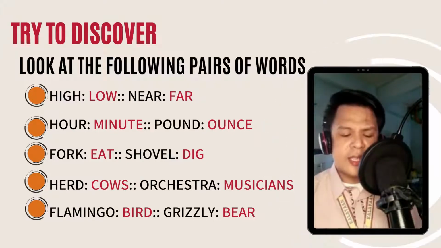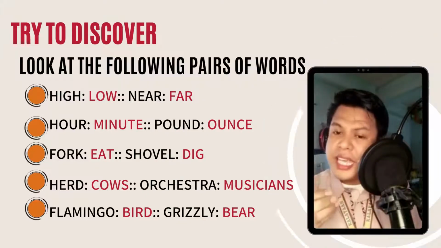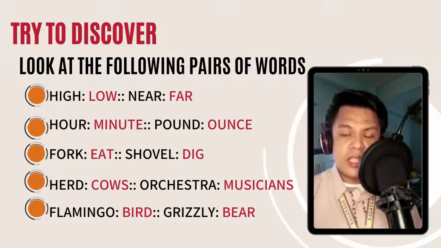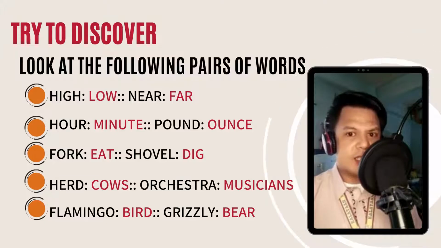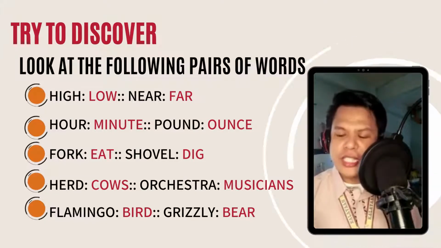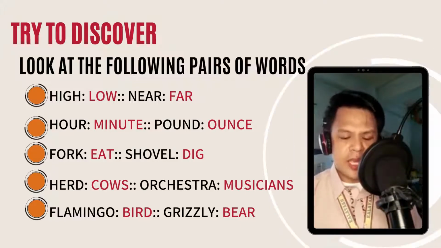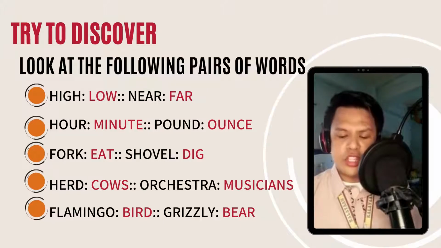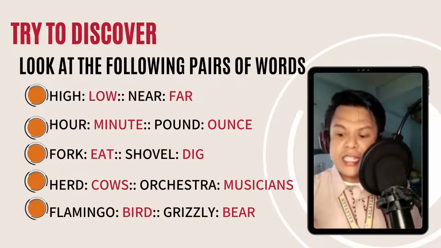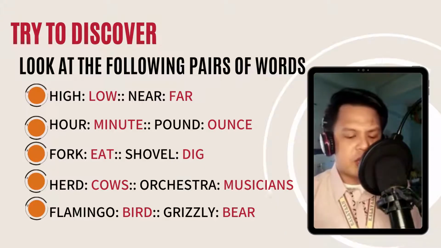How about this? The next words. Fork is to eat. Shovel is to dig. Undoubtedly, you use the fork to eat just like you use the shovel to dig, right? So again, what is their relationship? Indeed, their relationship is object to function.